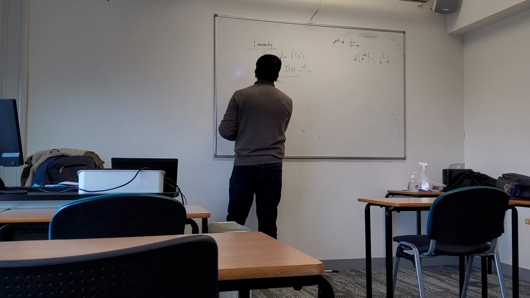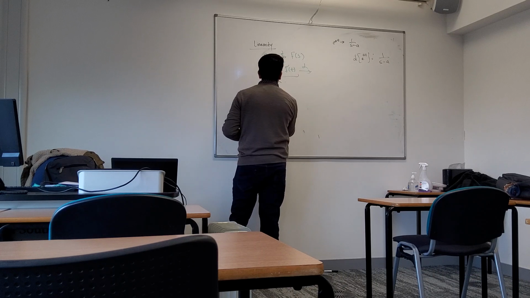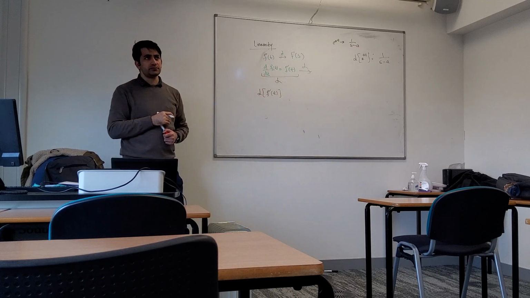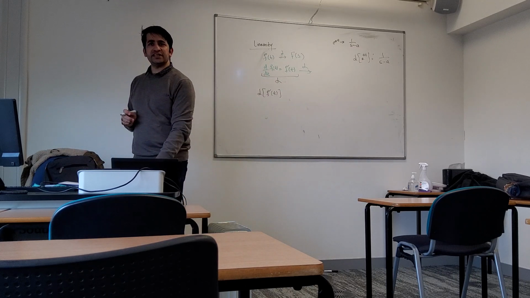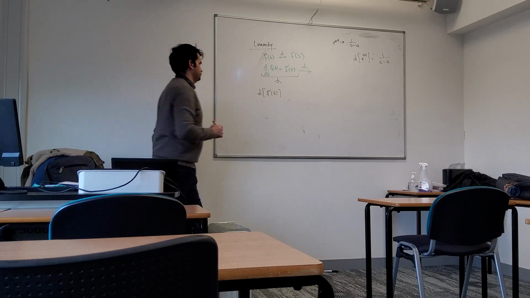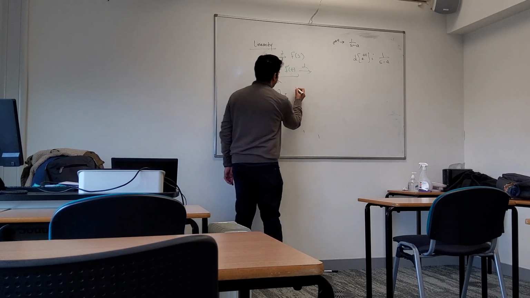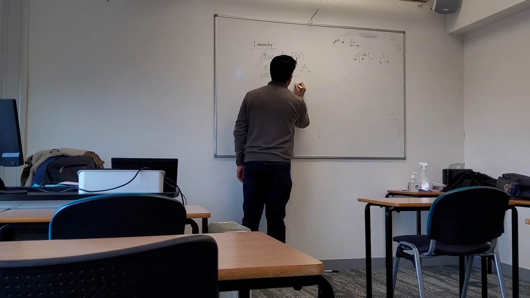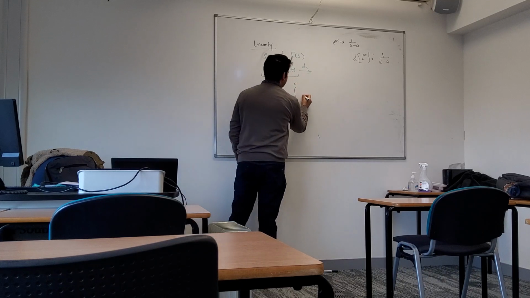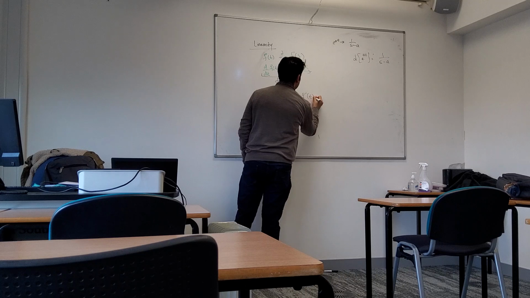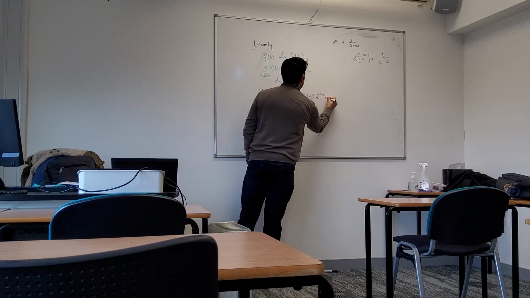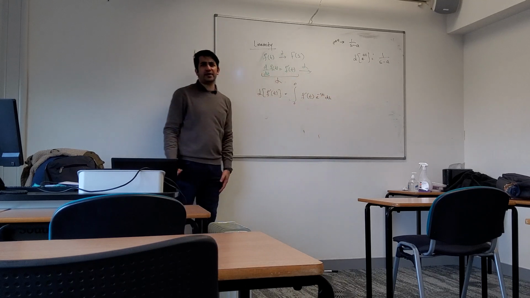We know the Laplace transform of any function. In this case, the function is f of t. If you want to find the Laplace transform, it would be the integral from 0 to infinity of whatever function comes here, times e power minus st dt. This is the typical formula for Laplace transform, right?